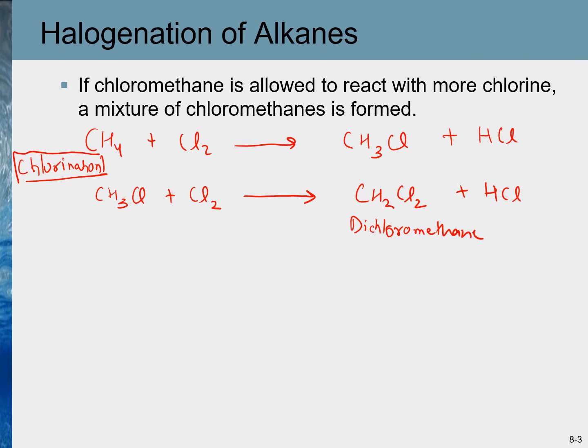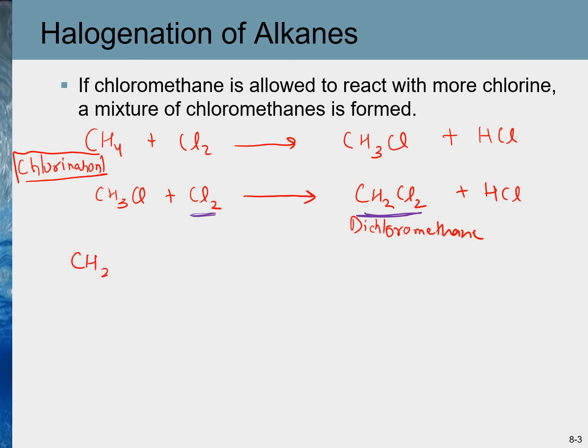If we have large quantities of halogen, such as large quantities of chlorine gas available in this reaction, then the product will further react with chlorine and we will get a tri-substituted and eventually a tetra-substituted methane. So therefore we can write those reactions as shown here.